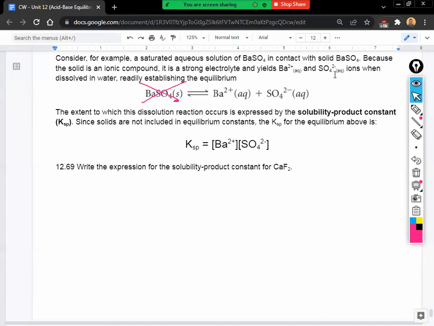So with that being said, let's do the last problem of the unit. I want you guys to try 12.69. I want you to write the solubility product constant for CaF2, calcium fluoride. And after that, we are all done though.